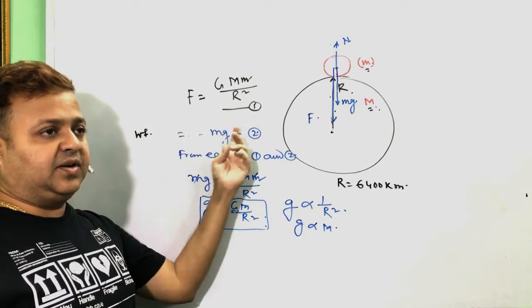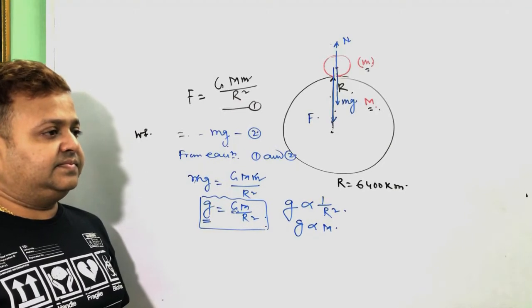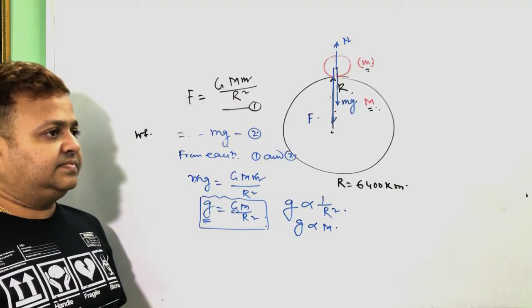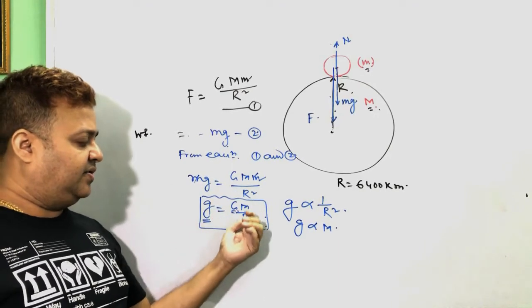These two forces are equal and opposite. Equating them, g equals GM by R square.